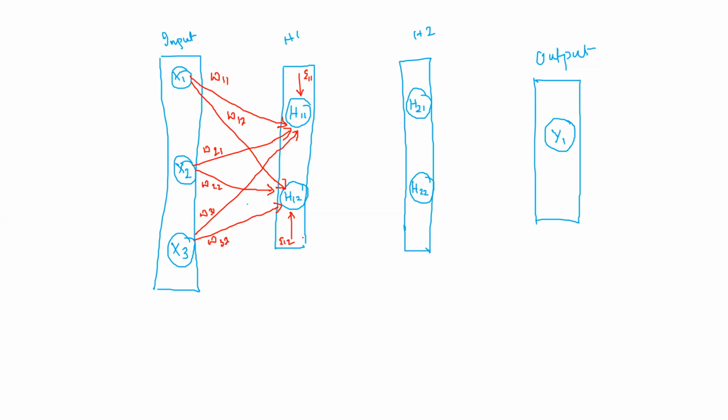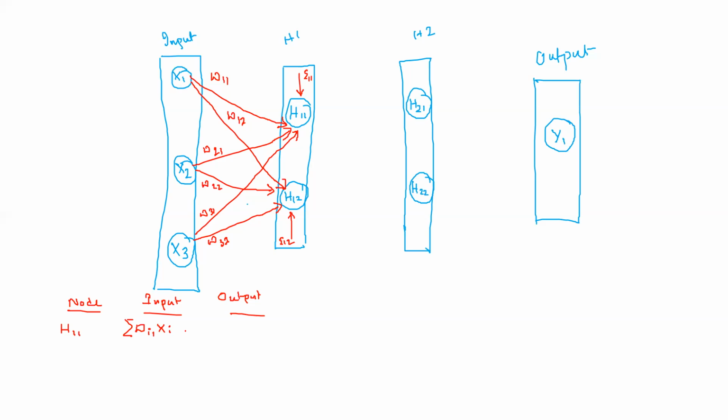Then can you tell me what is the input of H11? So we will write it like this: node input and the output. So what is the total input of H11? Can anybody tell me? W11, W21, and W31. So summation of Wi1 into Xi.